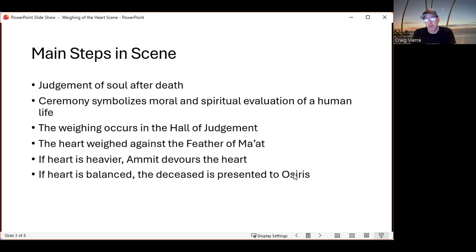Now, I had mentioned before that if you have this balance, we could say that the balance represents coherency, and imbalance is instability, or well, you could say it's heavier.